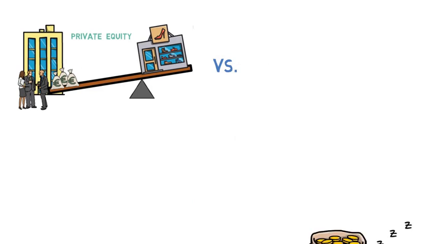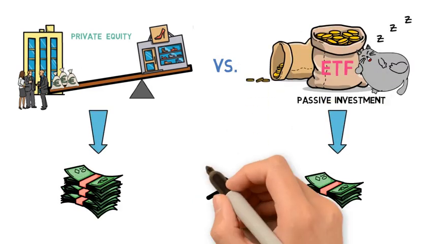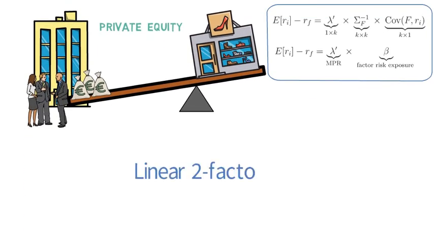Fourth, let's assume private equity earns on average higher returns than a passive investment in the aggregate market. The following linear two-factor model could rationalize that easily. First, it accounts that private equity uses leverage to buy shares of other companies.